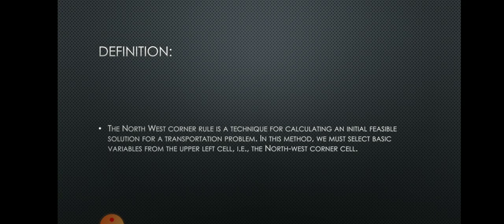The northwest corner rule is a technique for calculating an initial feasible solution for a transportation problem. In this method, we must select basic variables from the upper left cell, that means the northwest corner cell.